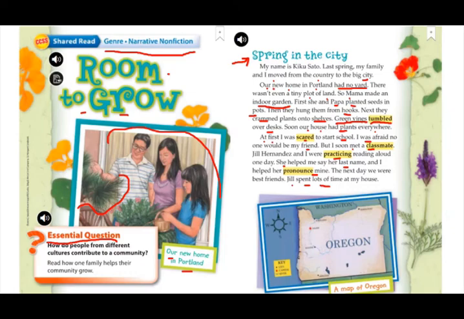The word scared means afraid. The word classmate is a friend in a class. The word practicing means that Jill and Kiko were practicing reading. It means they were repeating the reading lesson. And the word pronounce, as we said, means to say the word correctly.